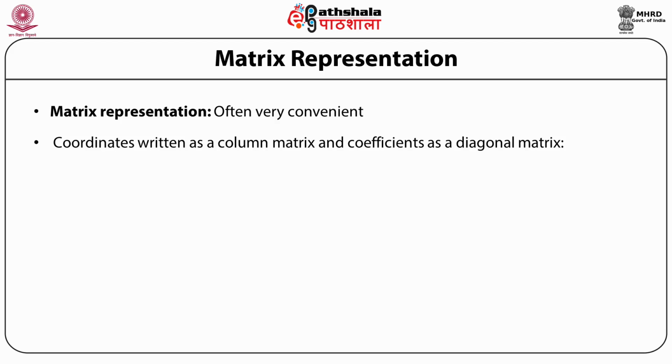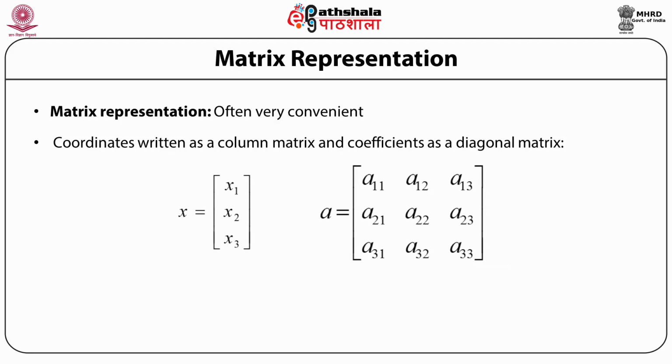So x_i can be written as a column matrix having components x subscript 1, x subscript 2 and x subscript 3, while the quantity a_ij, where both subscripts i and j run from 1 to 3, can be written as a matrix containing 9 elements, where the first row has elements a subscript 1 1, a subscript 1 2 and a subscript 1 3.